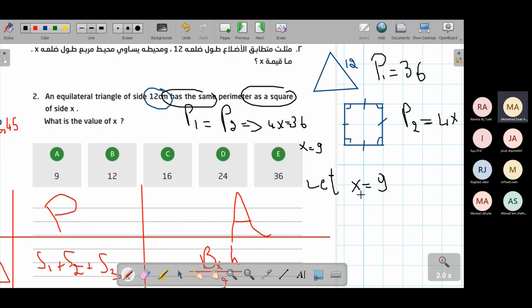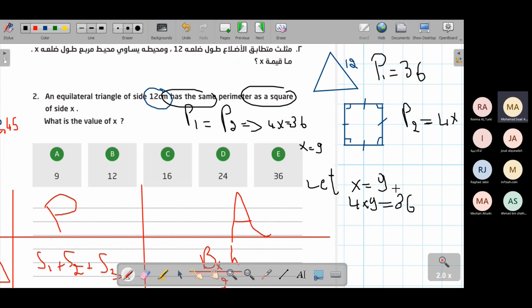Great. So the perimeter of the square is equal to what? 4x, which means 4 times 9 equals to what? To 36 centimeter. This is the perimeter of the square in the case of x equal to 9 centimeter.